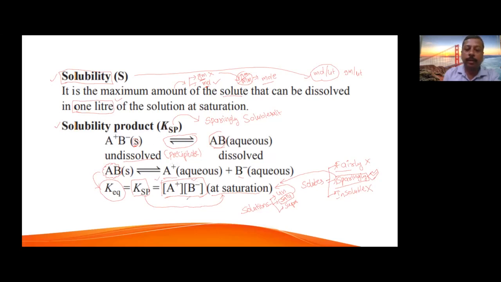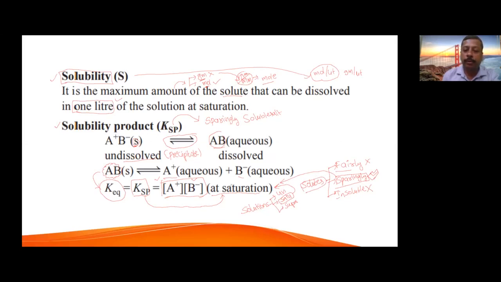When you multiply the concentrations of all existing ions in the given solution, that is for a saturated solution only, and the solute must be sparingly soluble.